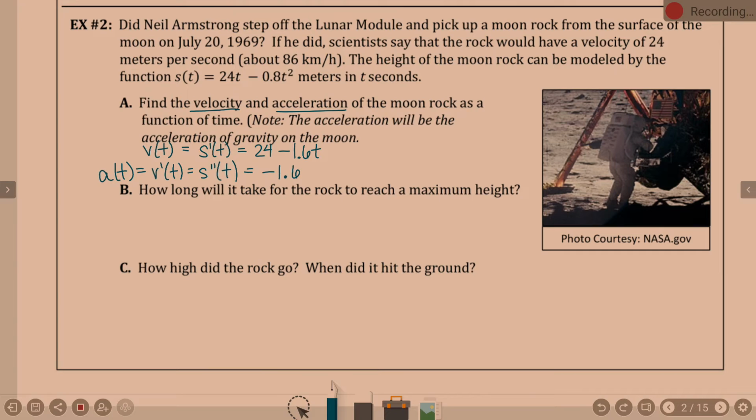I don't have a label written on velocity, but I think I did on acceleration just because it's one value. What's an acceleration label? Meters per second squared. Whereas velocity, if we wanted to label that, would be just meters per second.